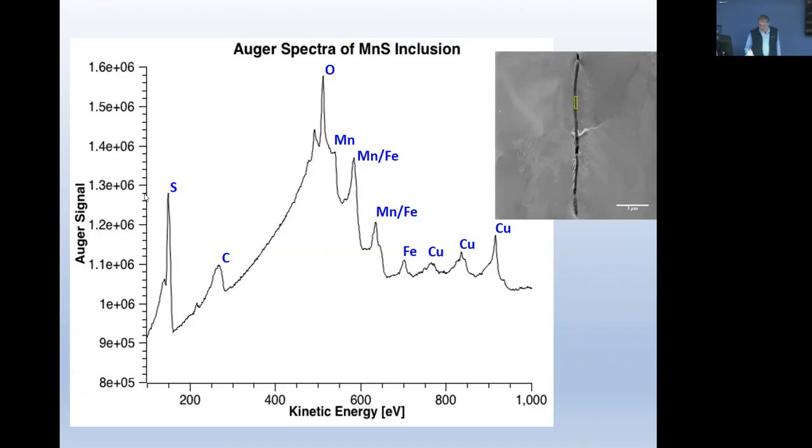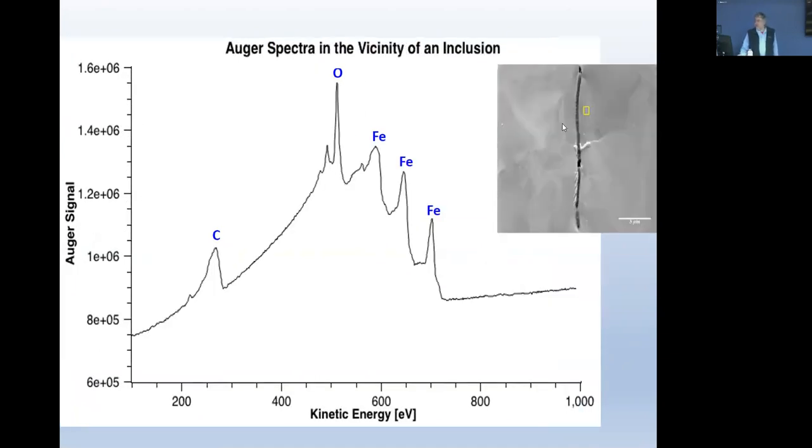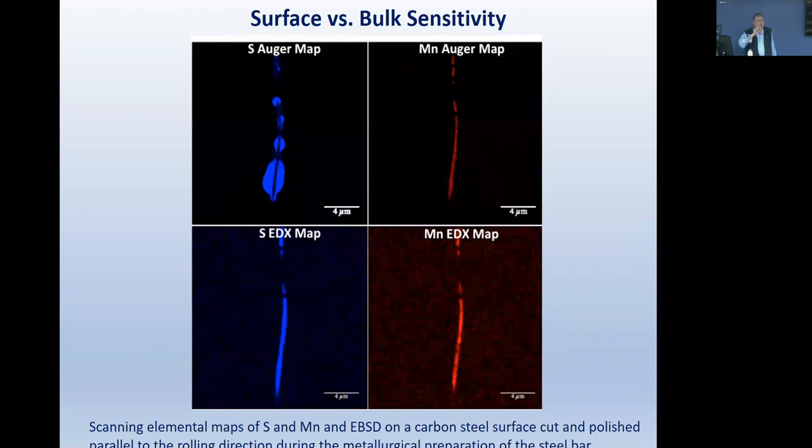Good. So I go to the next spot, about 1 micron away, even less than 1 micron. I can see what I expect to see: iron, oxygen, and carbon. Good. But let's now look at the mapping of one of these.